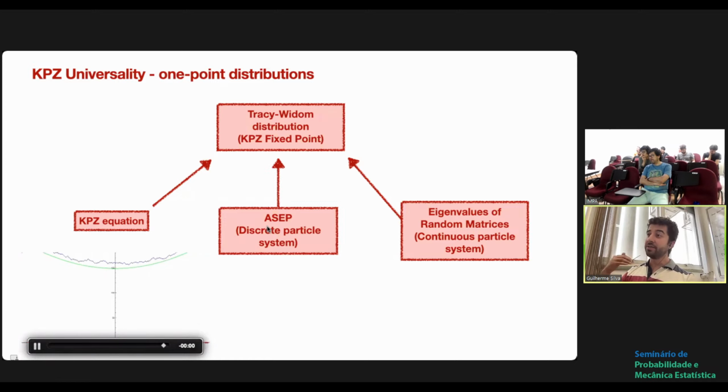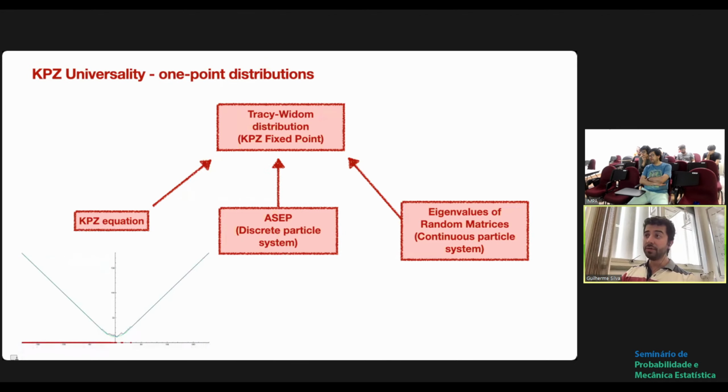It turns out that if you let time grow in the appropriate scaling, the 1-point fluctuations of the ASEP converge to the Tracy-Widom distribution. And the result that I told at the very beginning for the largest eigenvalue of a random matrix is essentially reminiscent of that. The eigenvalues of random matrices, properly scaled, converge to the Tracy-Widom distribution, so they belong in a certain sense to the KPZ universality class.